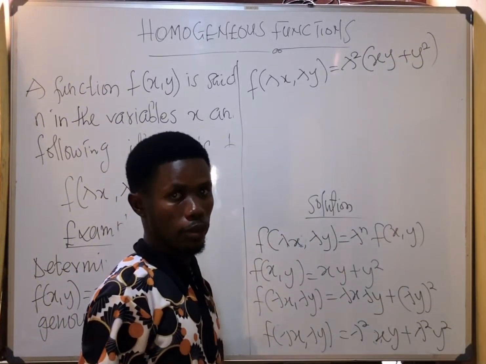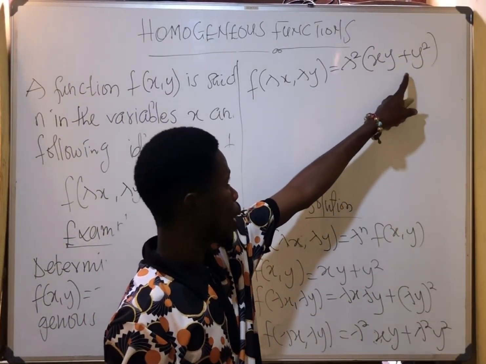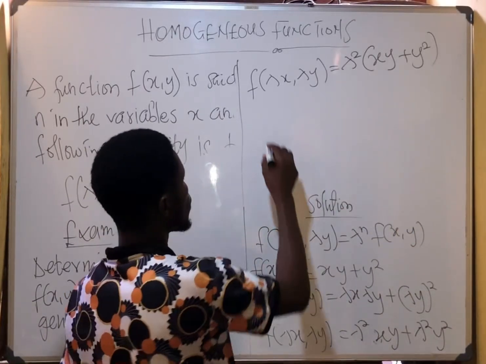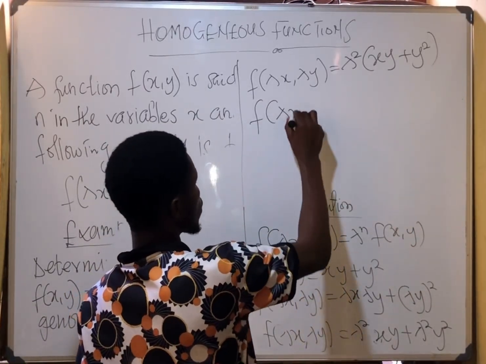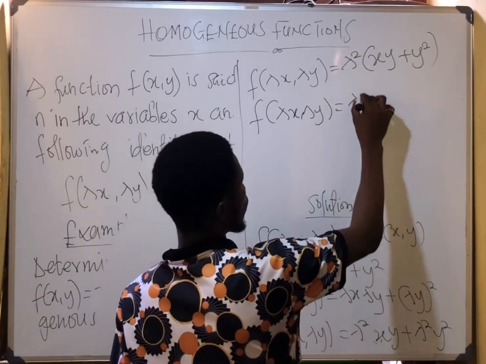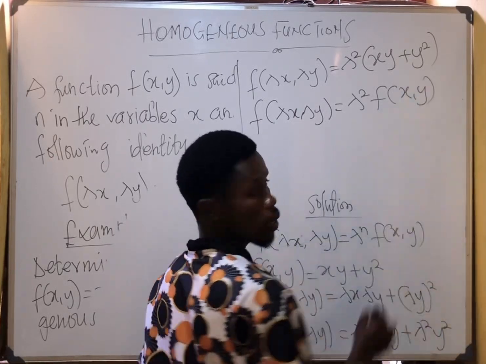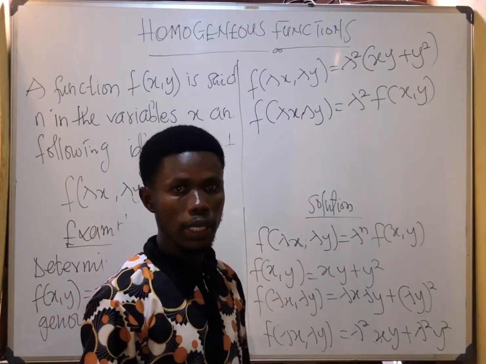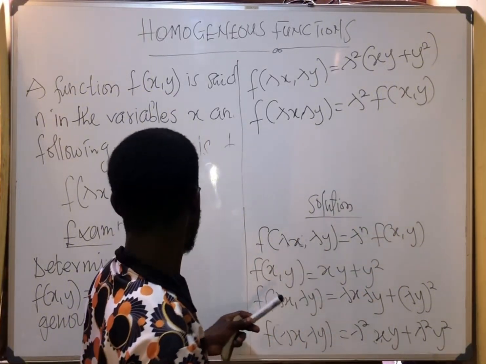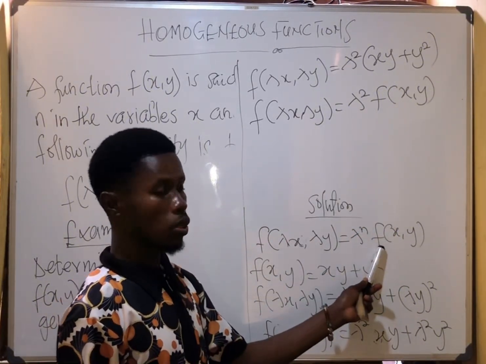Now you realize that xy plus y squared is the same as the original function. So in place of this, I can write f of x, y. I hope you can see that. And when something like this happens, we say that the identity holds. This must be equal to this.